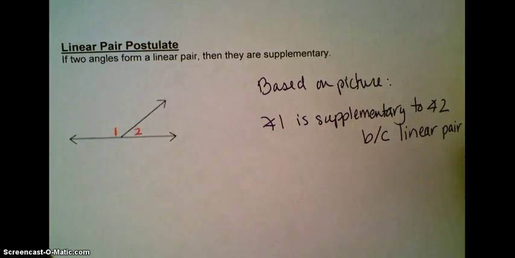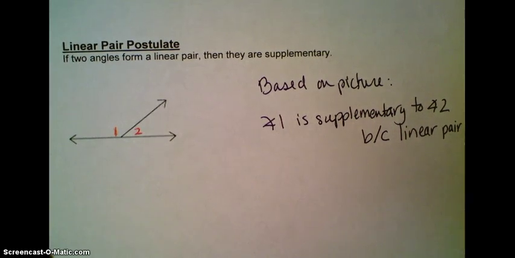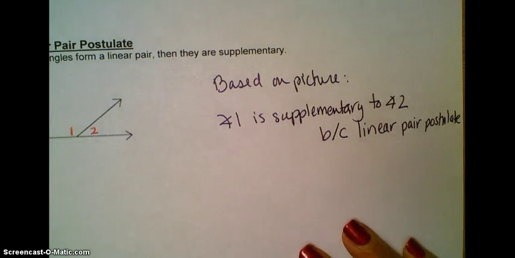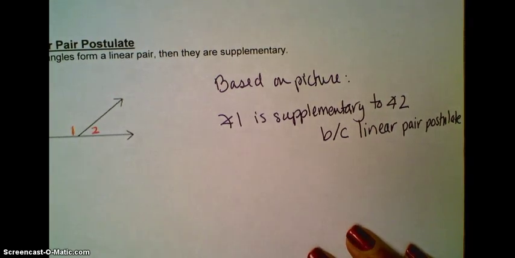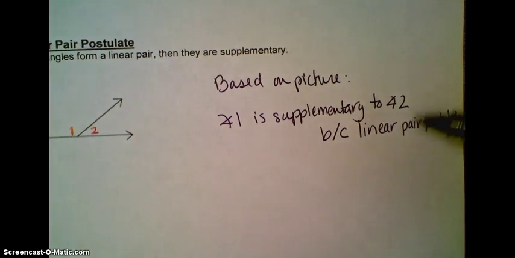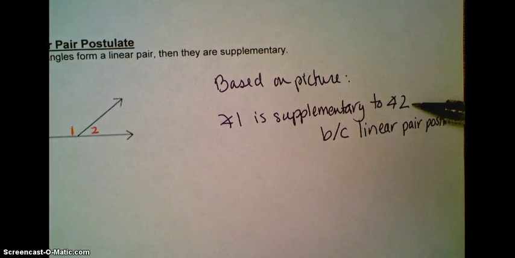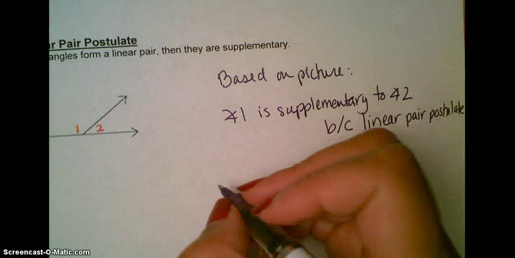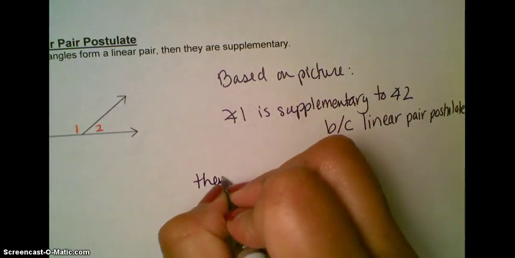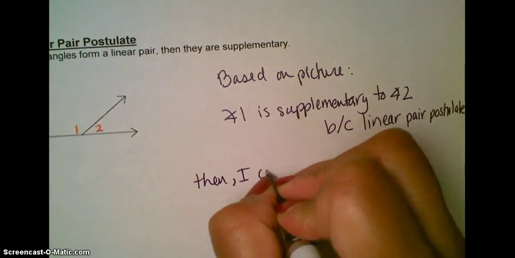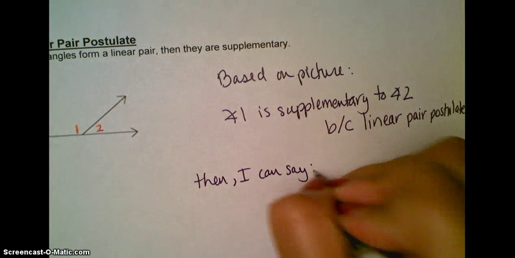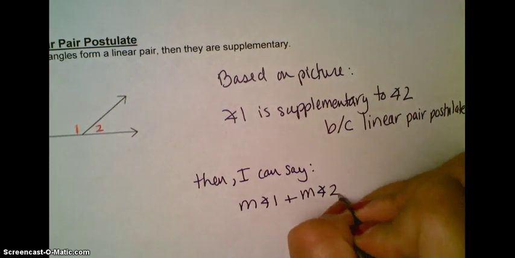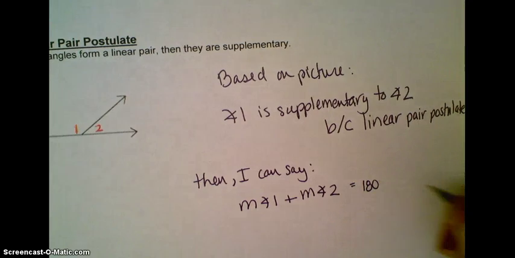Okay? Now, be careful, because in proofs, it's going to take one more step to come to the next conclusion, and this is going to happen to you 99% of the time. You're going to take a sentence and translate that sentence into an equation. So I can say the measure of angle 1 plus the measure of angle 2 is equal to 180.